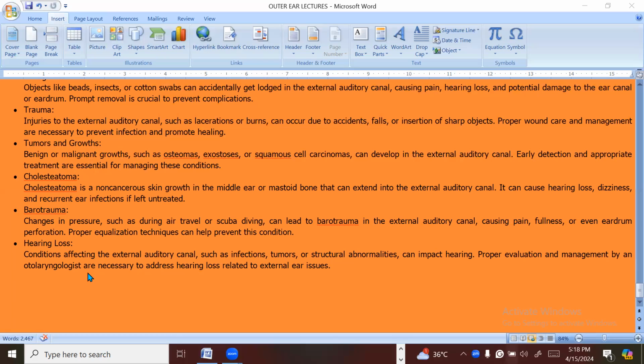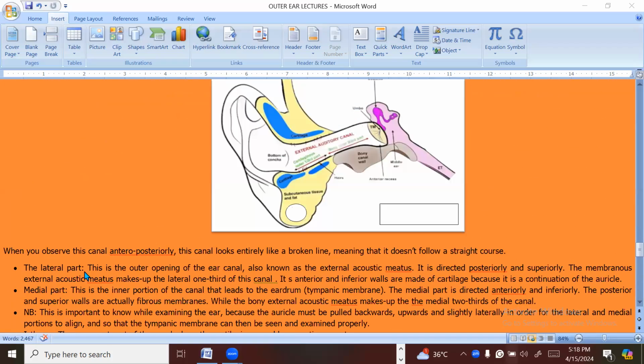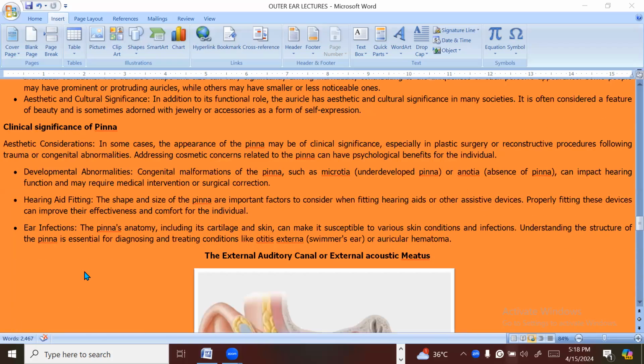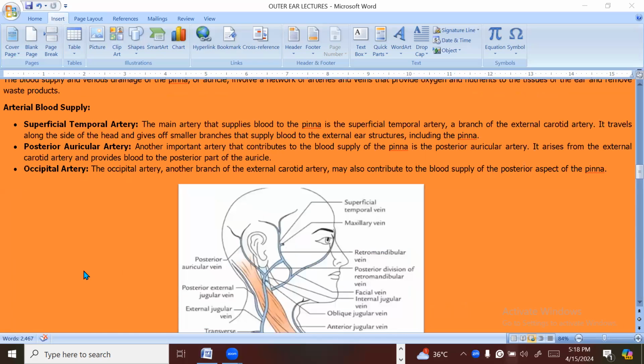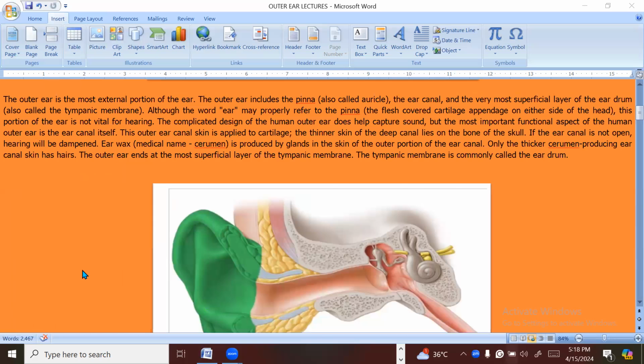So from this course so far, on the external part of the ear, we've been able to look at the pinna: the structure, the function, the blood supply, the lymph drainage, and all of that.